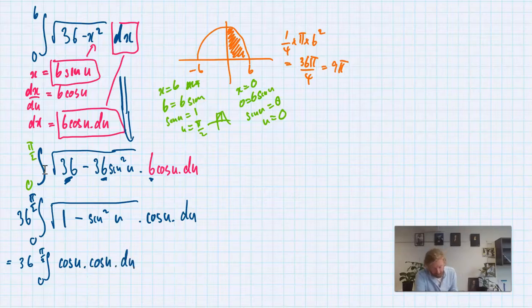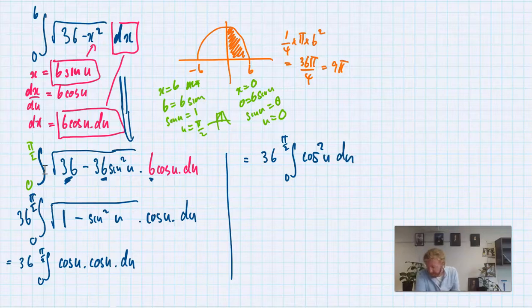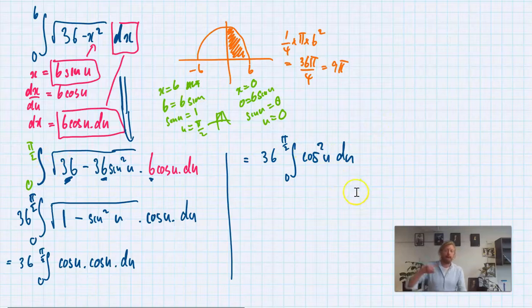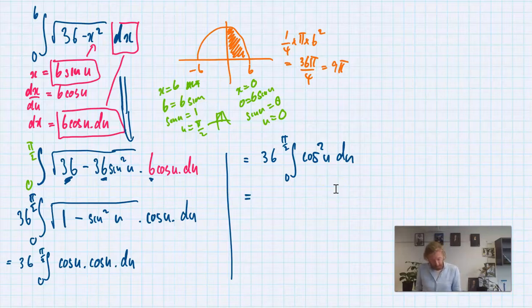I'm running out of room here, so let's just go up here. That equals 36 integral pi on 2 to 0 of cos squared u du. How do I integrate cos squared u? Well, that was in the last video, so look back if you need to, but the integral of cos squared u changes to a half plus a half cos 2u.